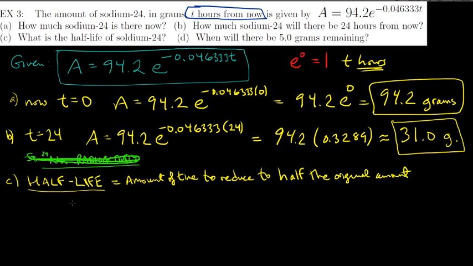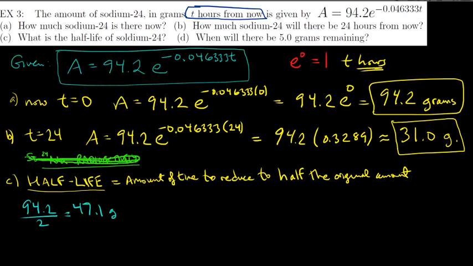Okay, so we're starting with 94.2 grams. What's half of that? You get 47.1 grams. So we want to know how long it takes to reduce to this amount.